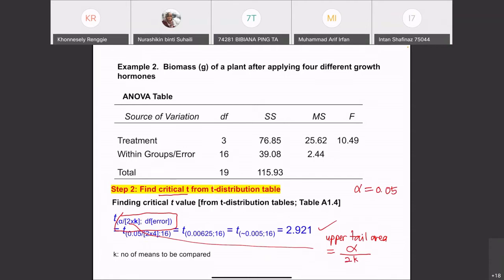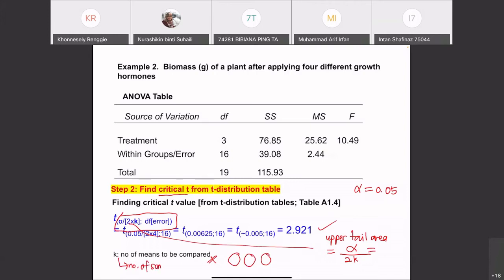So if let's say your alpha is 0.05, what is k? K is the number of means to be compared. If you have 3 samples, you have 3 means to be compared, so it also means the number of samples.